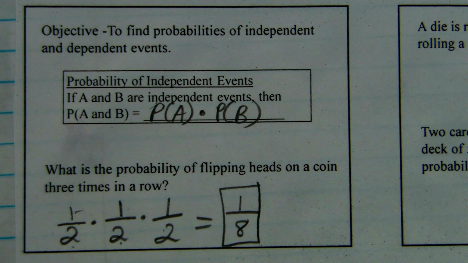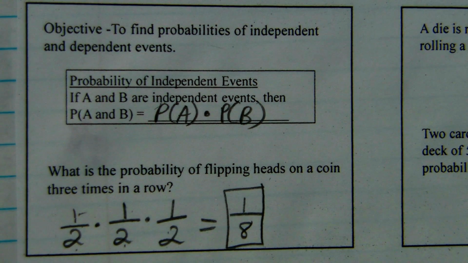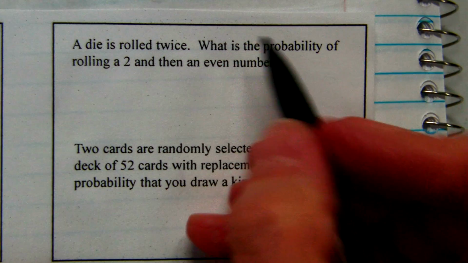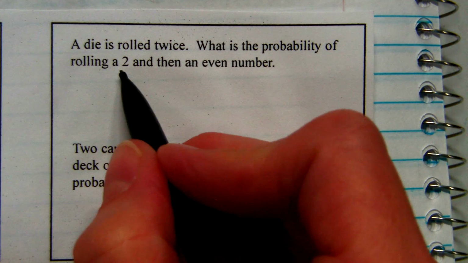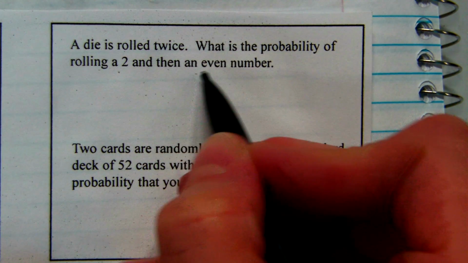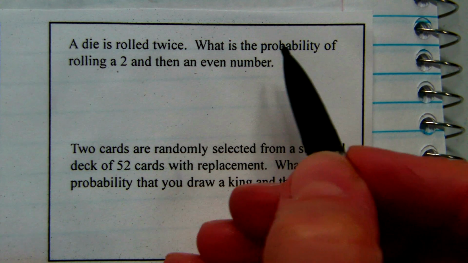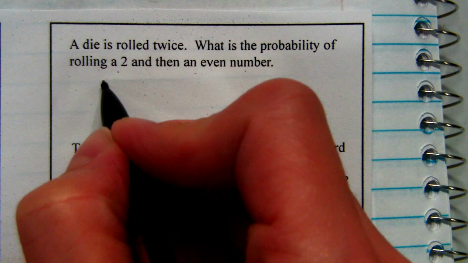All right, so let's take a look at our next couple of examples. It says a die is rolled twice. What's the probability of rolling a 2 and then rolling an even number? So these are 2 separate rolls. So first of all, what's the probability of rolling a 2? 1/6. Good.